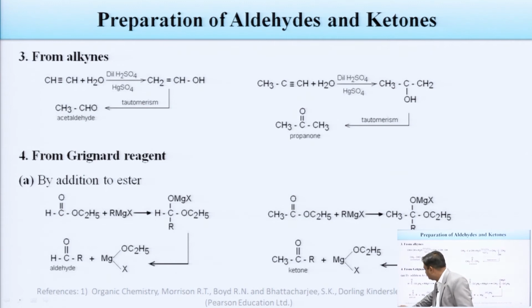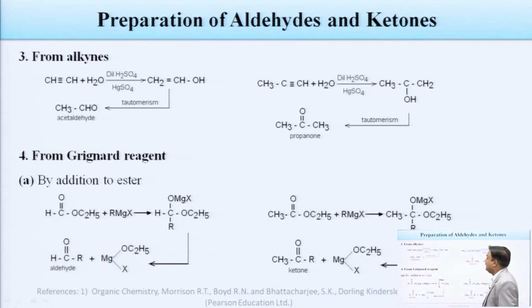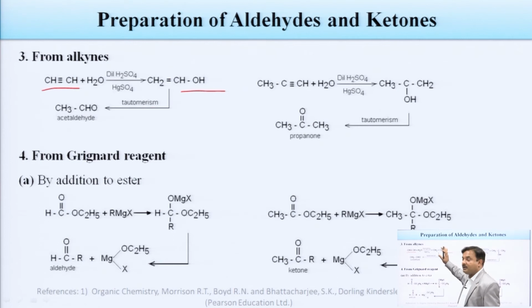Now, come to the next method, that is preparation of aldehyde and ketone from the alkynes. So, you can see there we are using alkynes, normal alkynes, and in the presence of dilute H2SO4 and HgSO4, when we go for the hydrolysis we will get alcohol, and that alcohol on tautomerism, you know about the tautomerism, that is keto-enol isomerism.